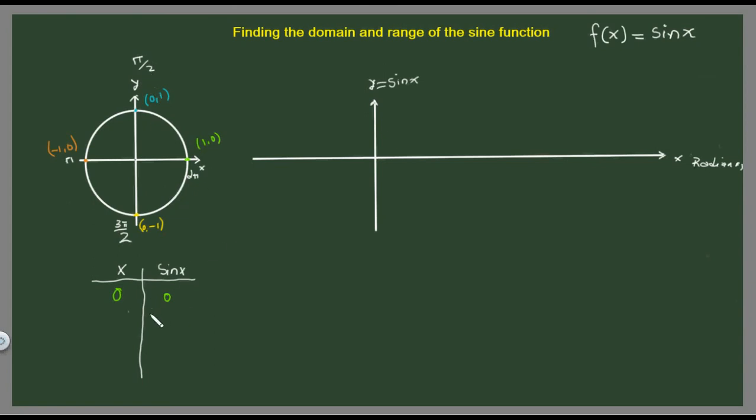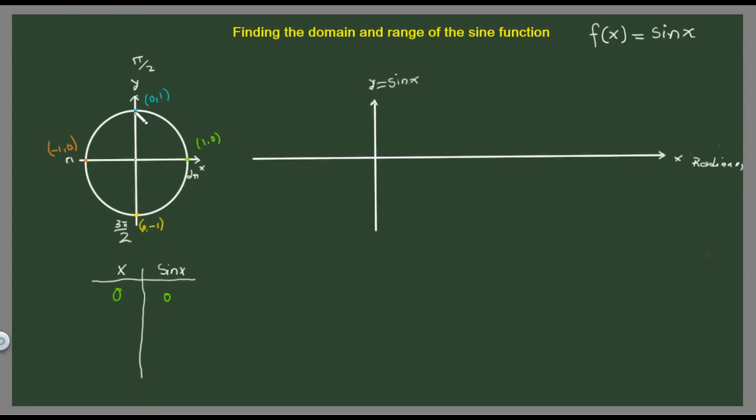Now we're taking the value pi divided by 2. We're right here, and at this value we can see that the sine is 1, because remember, we're looking at all the y values of the function.